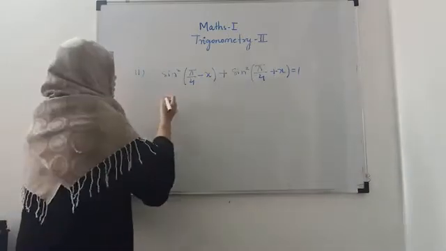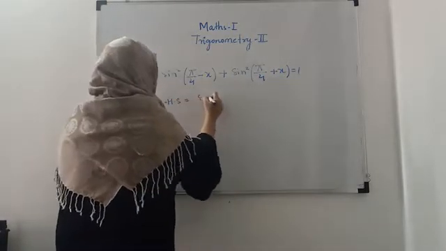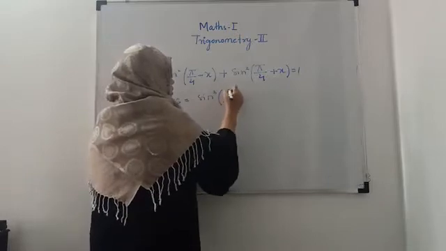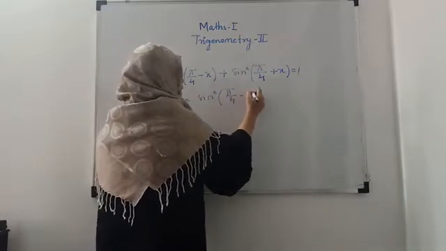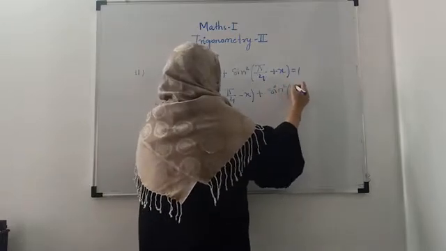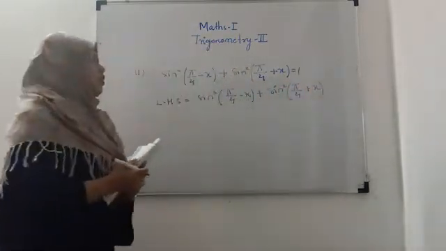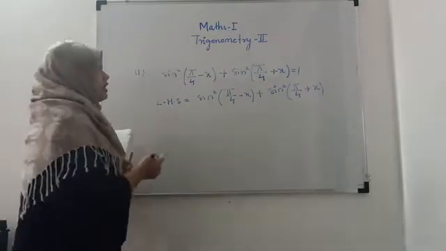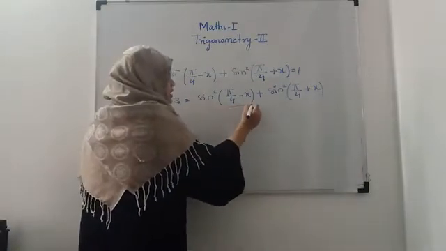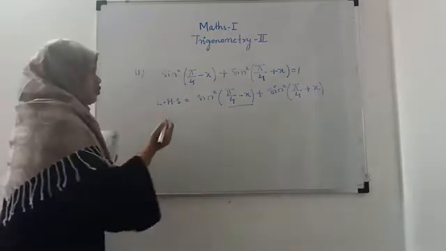So we will start with LHS: sine square of pi upon 4 minus x plus sine square of pi upon 4 plus x. Now I'll substitute this term as another variable, y.